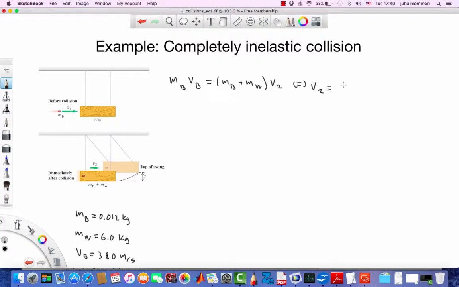So v2 is m_b over m_b plus m_w times the velocity of the bullet.